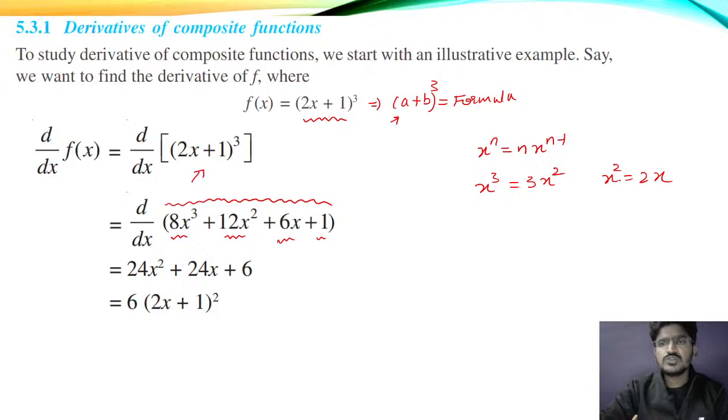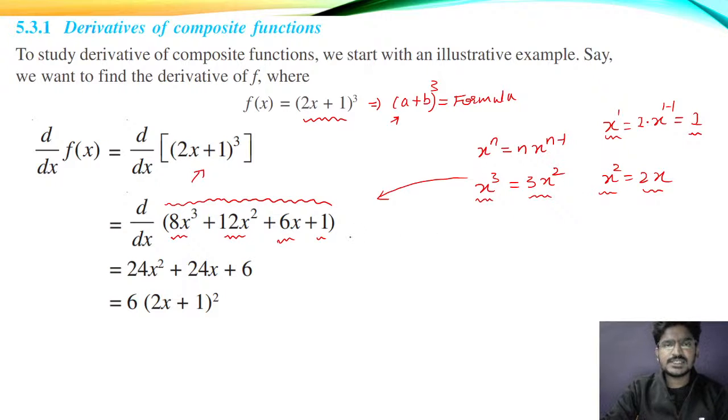For x, the power is 1, so 1 multiplied with x to the power 1 minus 1, which is nothing but 1. So differentiation of x is 1, of x cube is 3x square, and of x square is 2x. I am going to use all these terms here, so make a note of them.